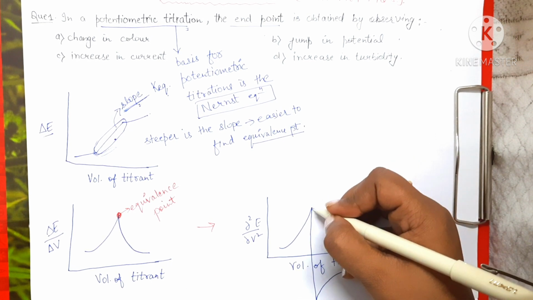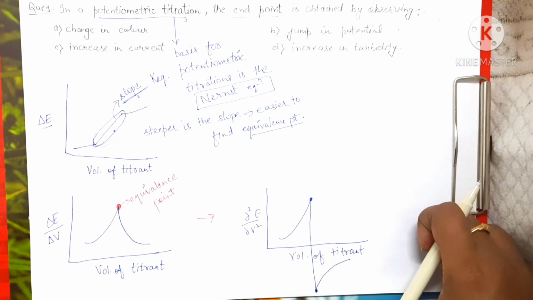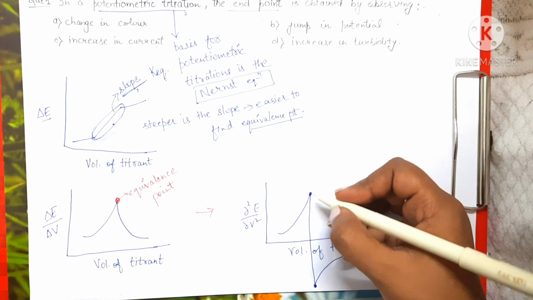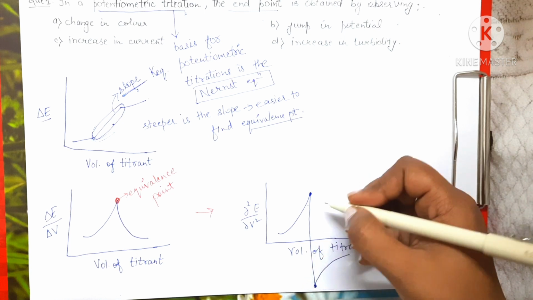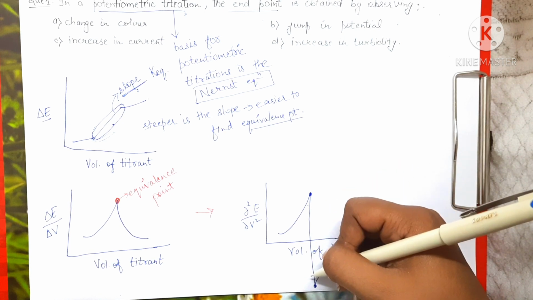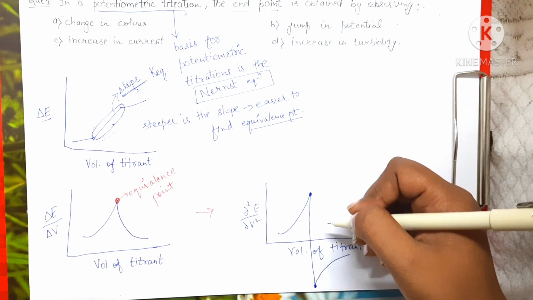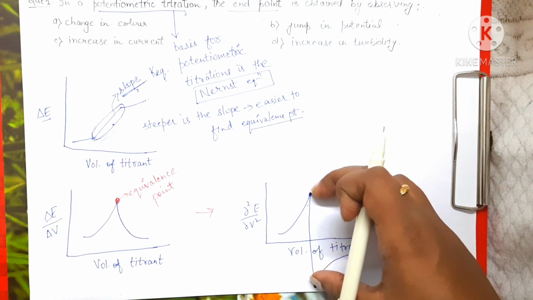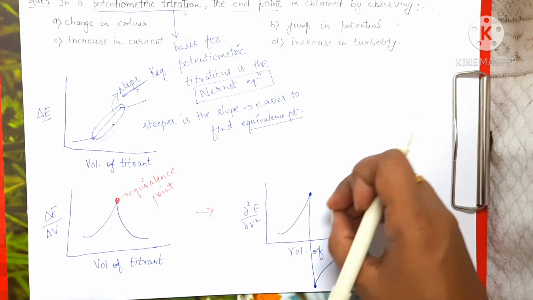And here we are going to get these 2 points, and what we have to see is the difference between these 2 points. The lesser the difference between these 2 points, the reaction will go to completion, right? The less the distance between these 2 points, we will know that the reaction is going towards completion.